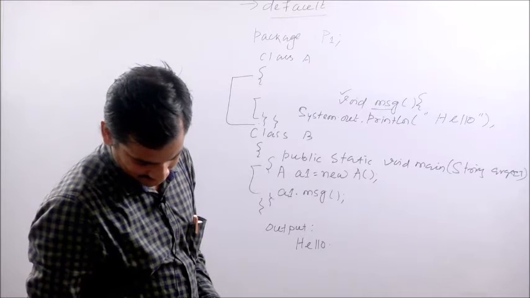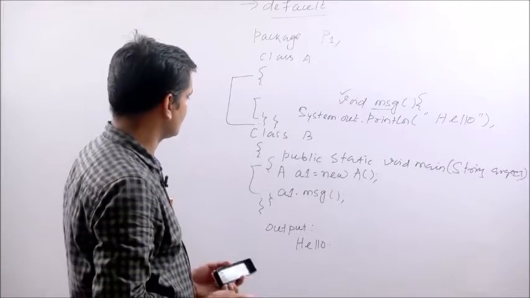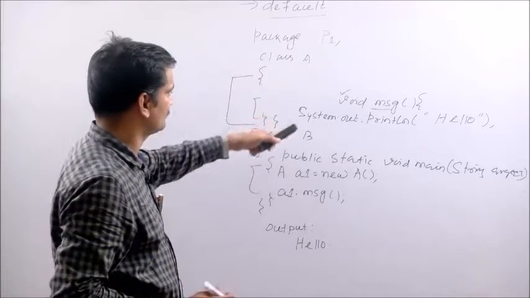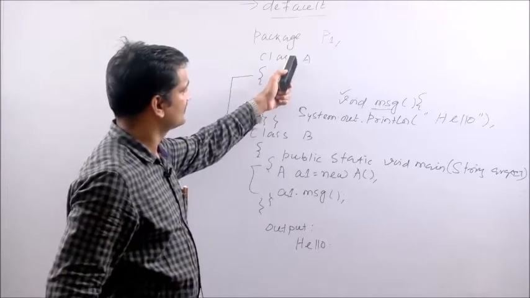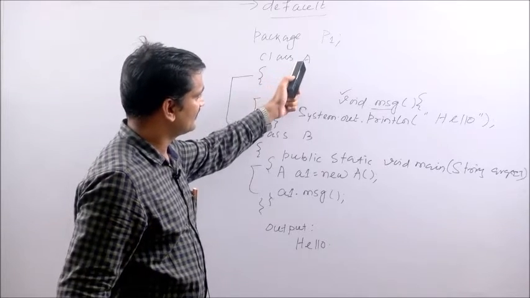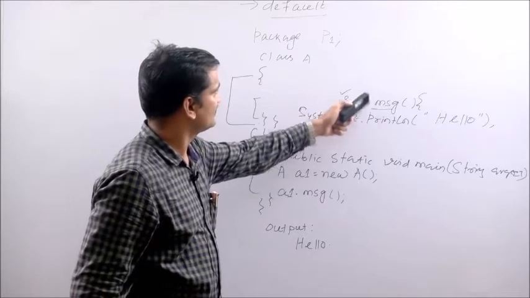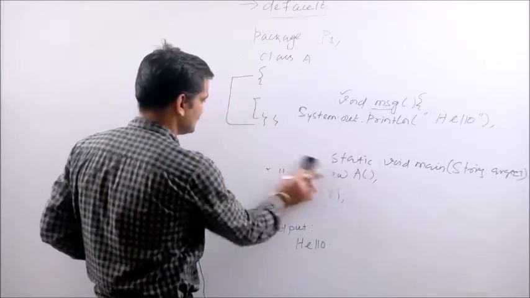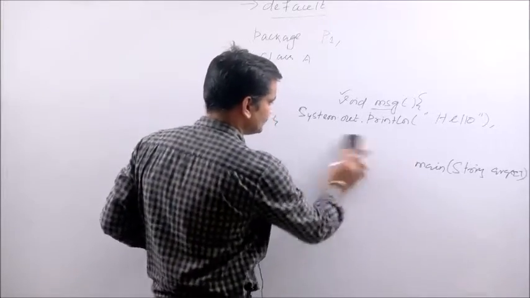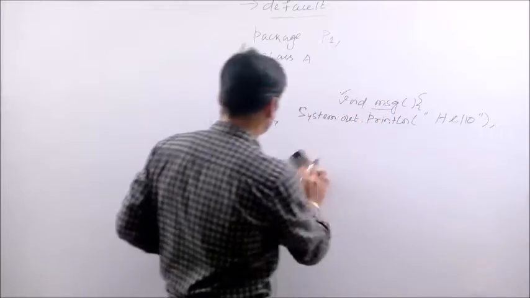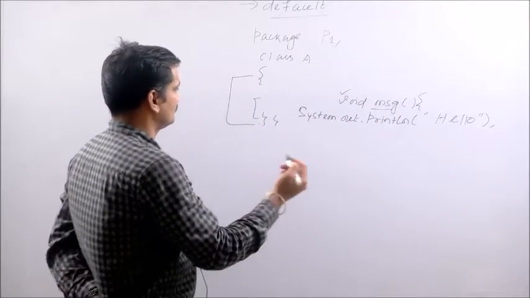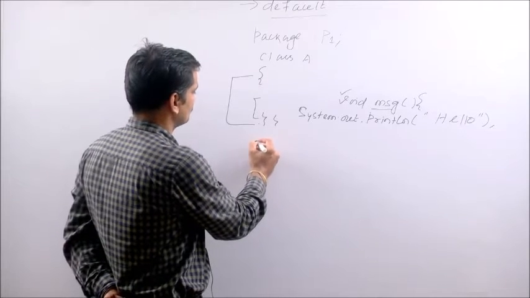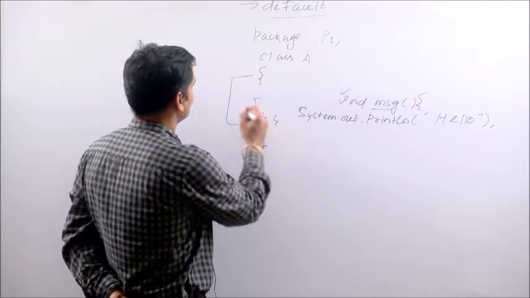Now, coming to the next, if you use this package in another package, suppose I define this class A and I declare the member MSG in package P1. Suppose I am going to import this package in another program to check what error it gives. This is the program.